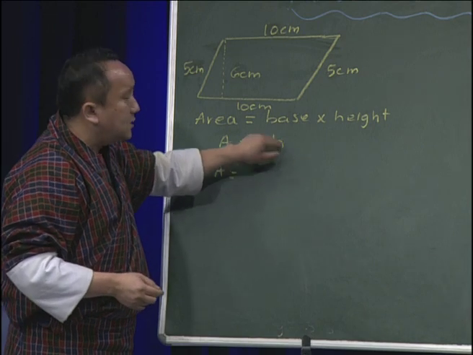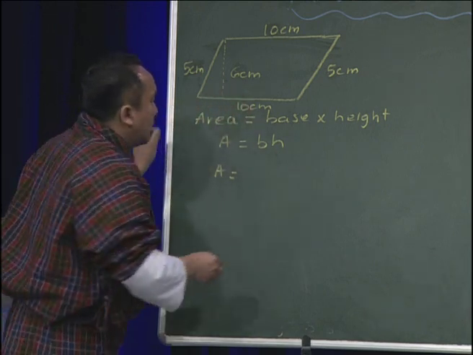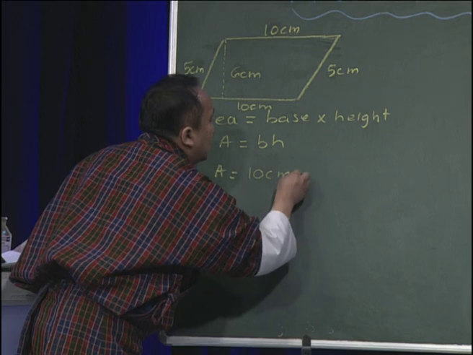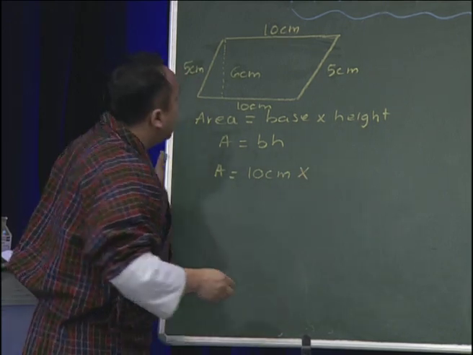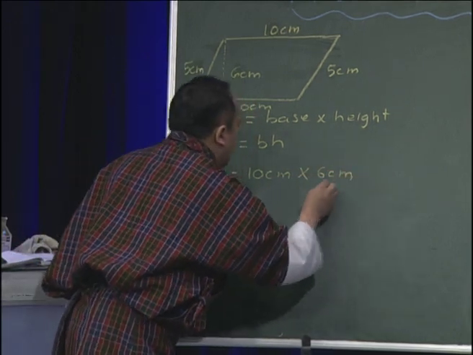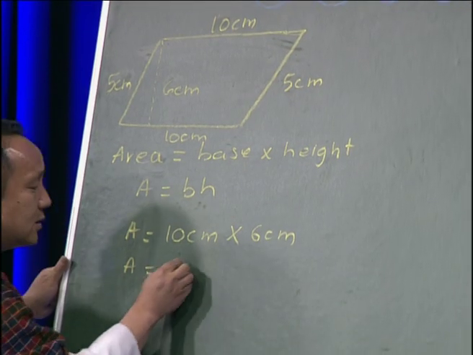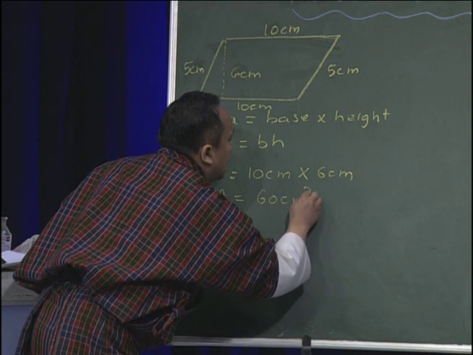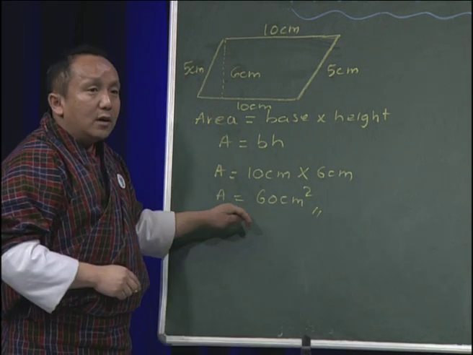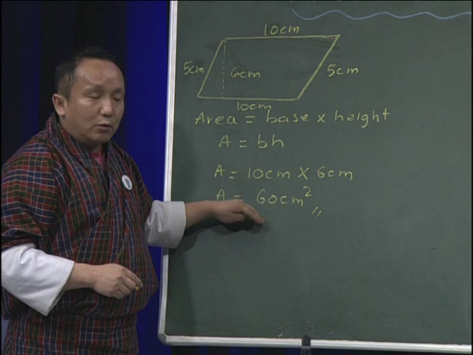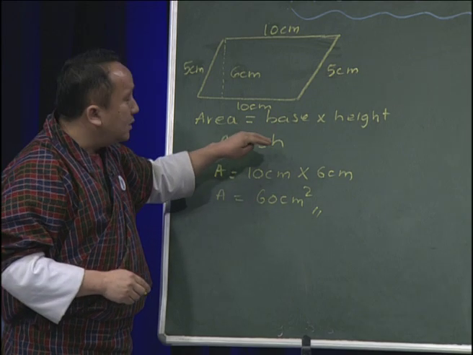Which one is the base? Base is 10 centimeter. So 10 centimeter times what is the height of the parallelogram? It is 6 centimeter. Now you just find the product. So 10 times 6 gives us 60 centimeter square. So this is how we find the area of a parallelogram by using this formula.